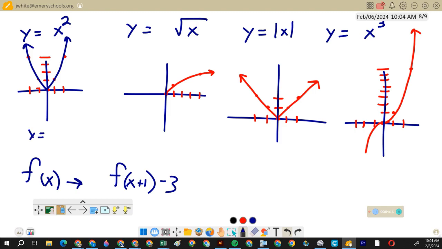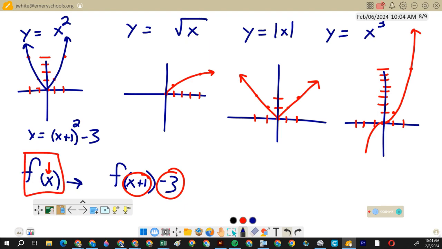So this one would be y equals (x plus 1) squared minus 3. And as a general rule, anything that happens inside the function is going to affect the x-axis, and anything that happens outside the function will affect the y-axis. So this will affect the x, and this will affect the y. Which makes sense, right? The x is in there, and another name for f of x is just y.